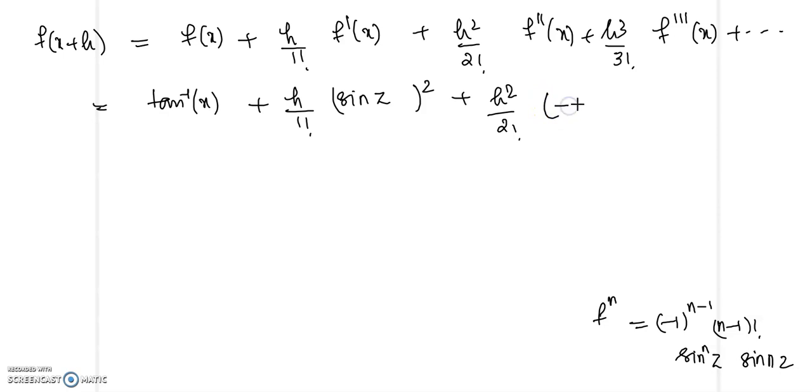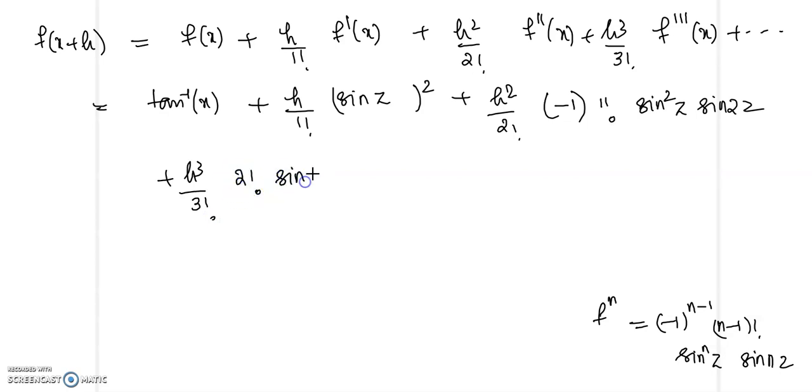So we will get minus 1 into 1 factorial sin square z into sin 2z by ... plus h cube by 3 factorial. The third derivative is n equal to 3, 2 factorial sin cube z into sin 3z plus etc.